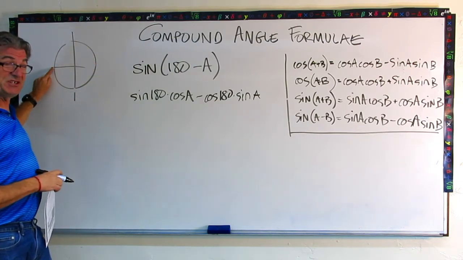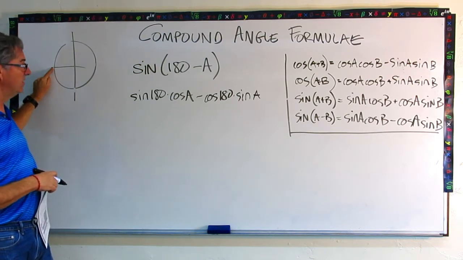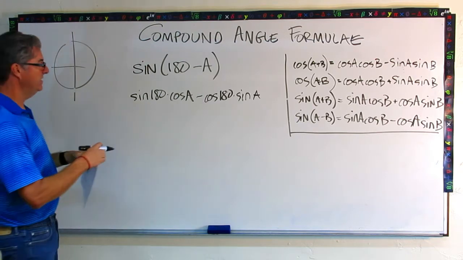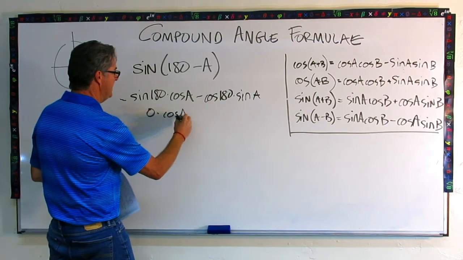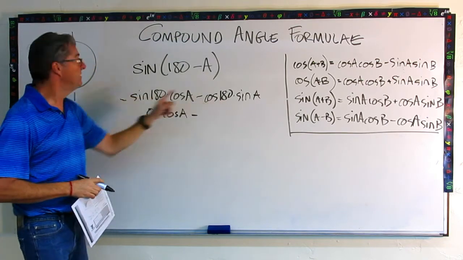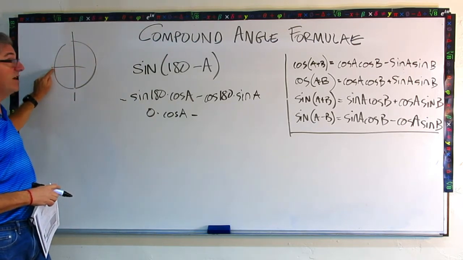So at this position, the x-coordinate is -1 and the y-coordinate is 0. So sine of 180, that's the y-coordinate. This becomes 0 times cosine A minus, and the cosine of 180, again, all the way around to here, cosine, x-coordinate is going to be -1 right there.